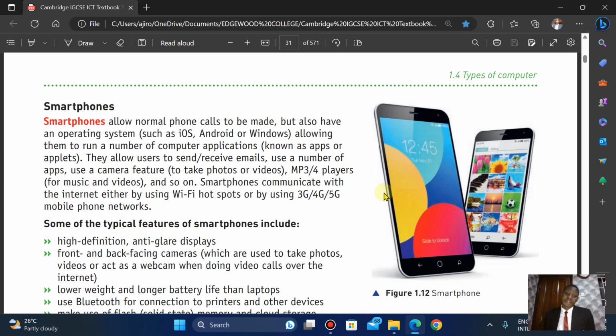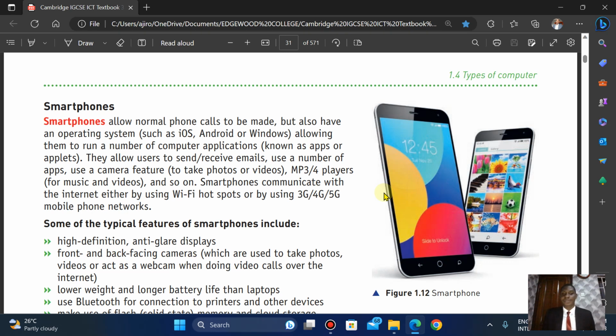Windows is for Nokia, Android is for your Tecnos and so on. This allows them to run a number of computer applications, known as apps or applets. You can get them from the Google Play Store, the App Store, or the Microsoft Store. If you're using Windows, it's the Microsoft Store; iOS, the App Store; Android, the Play Store.